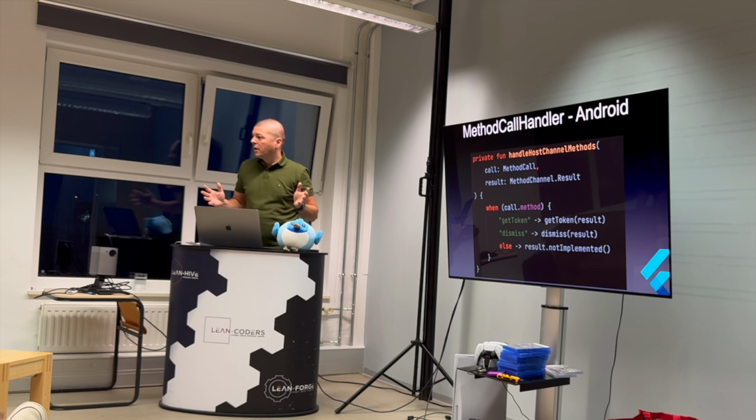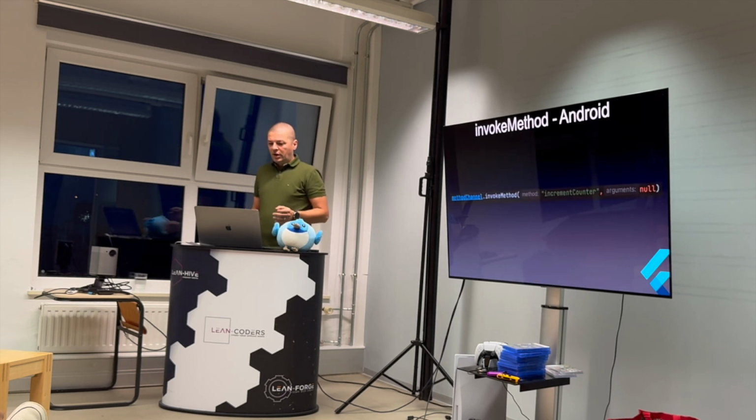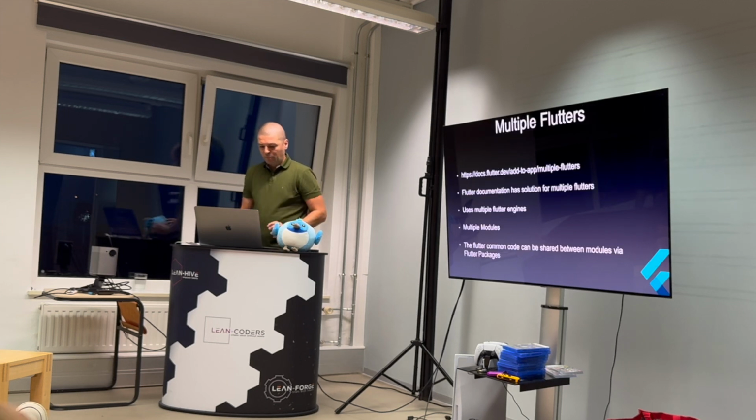This is the only thing that I have implemented. To invoke a method from Android to the Flutter side, it's similar. You call invoke method with arguments, and here on the arguments you can pass your custom objects, your custom map data, a string, whatever you want to send to the Flutter side. Okay, I will jump over Android there.